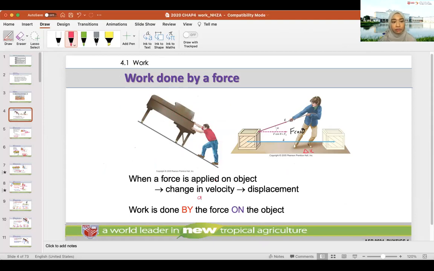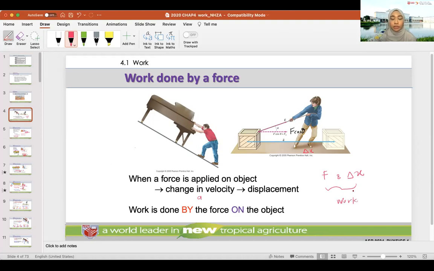And when we have motion ataupun acceleration, we will have displacement. So whenever you have force and you have displacement of that object, there is actually work done by the force. Work done on the object by the force. So when you have force and displacement, you have a change in displacement of the object, you will have work.